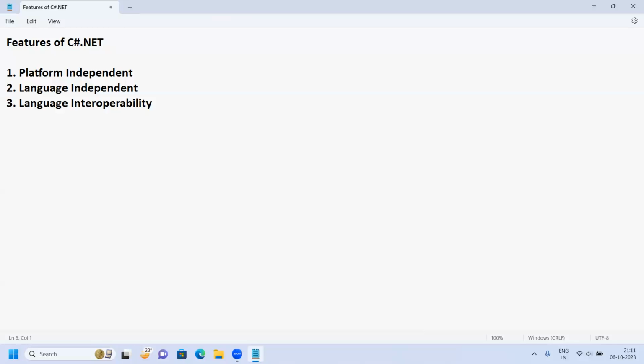And language interoperability is about executing C#.NET code from VB.NET and VB.NET code from C#.NET, which is possible with the support of CTS, the Common Type System.